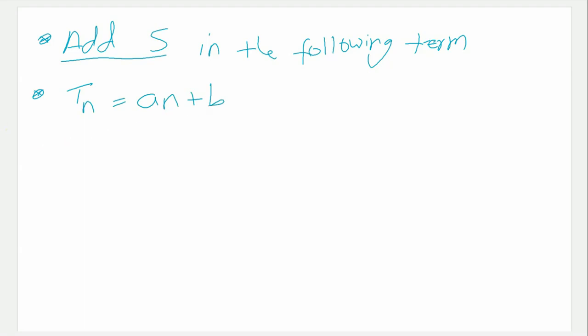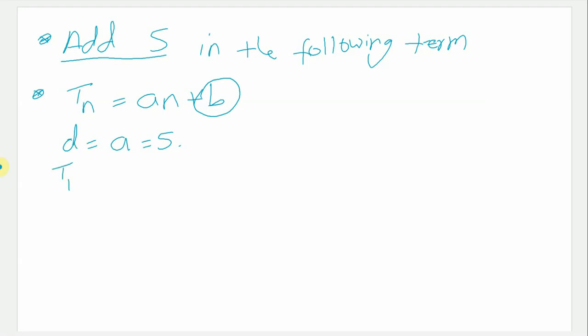The given information in this formula is that D, which is the same as A from the formula, is equal to 5. And our job is to find the value of B. N represents any term number. So we're going to do the same thing that we did in the examples.